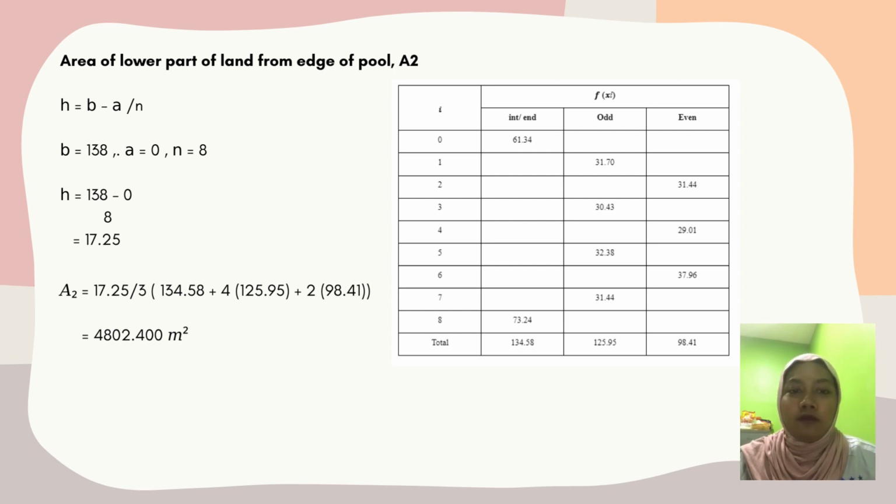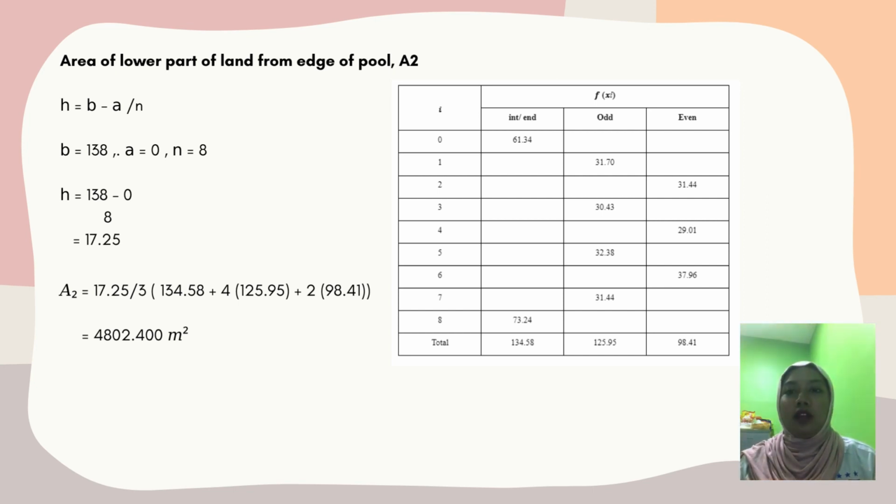The first step, we have to find the value of h. So h equals B minus A divided by N, and then h equals 17.25.